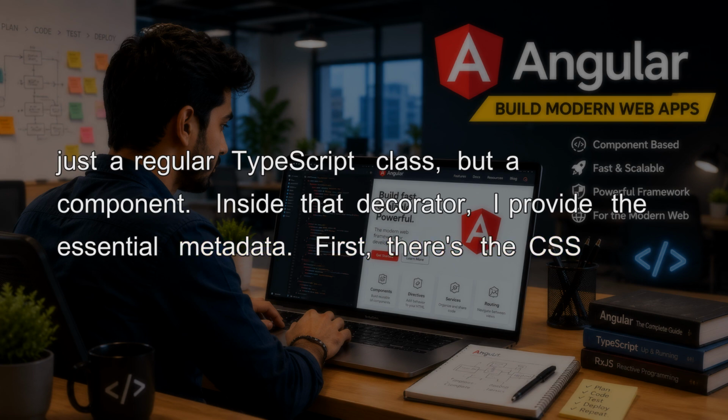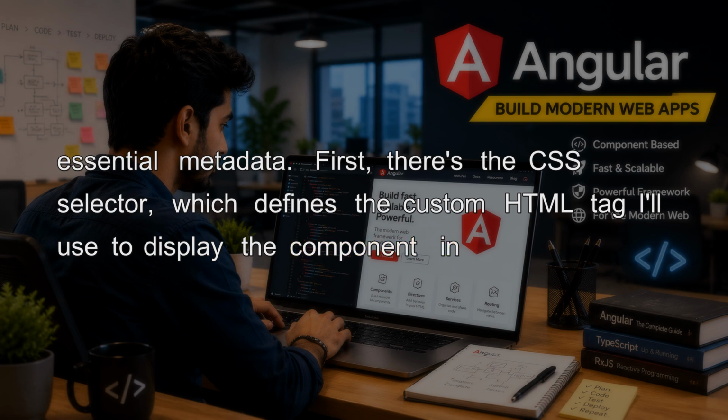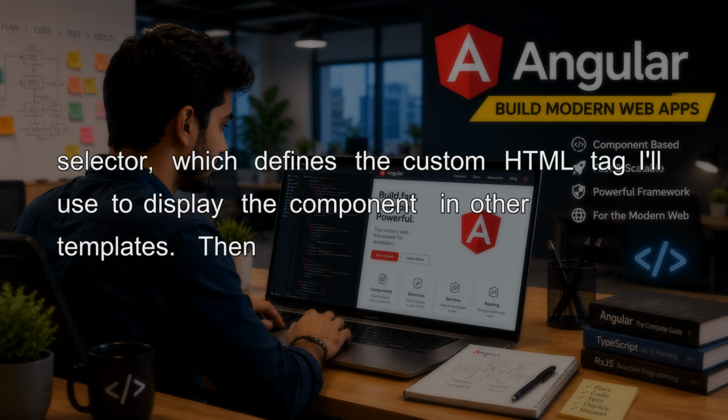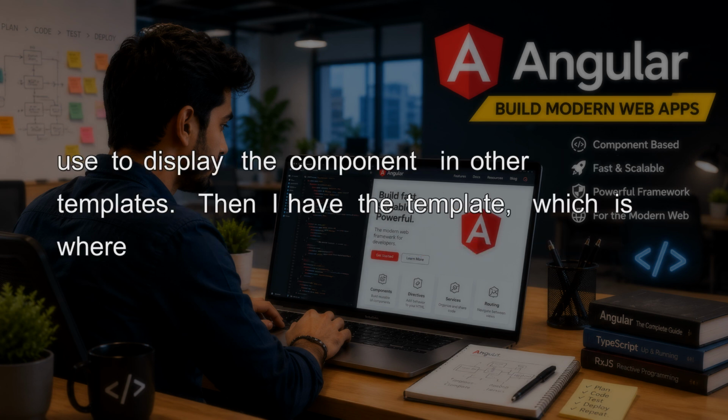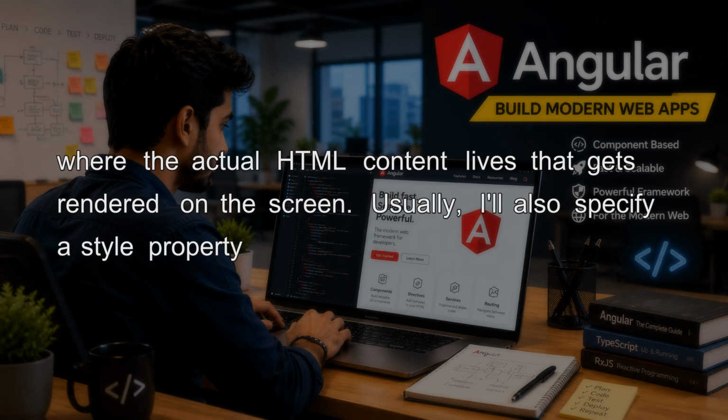First, there's the CSS selector, which defines the custom HTML tag I'll use to display the component in other templates. Then I have the template, which is where the actual HTML content lives that gets rendered on the screen. Usually, I'll also specify a style property to link my CSS.